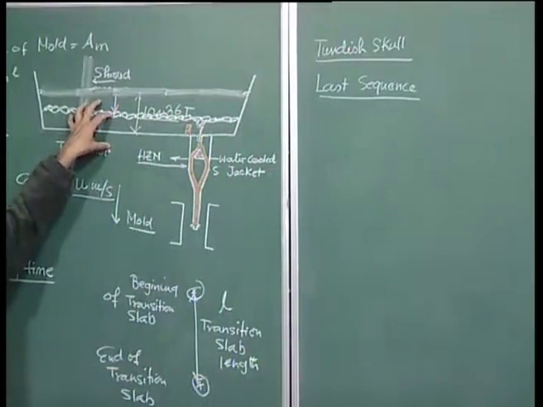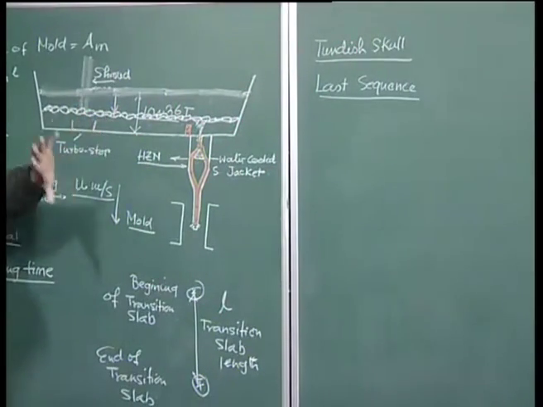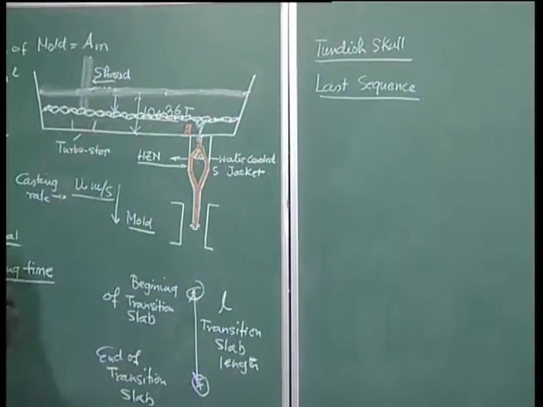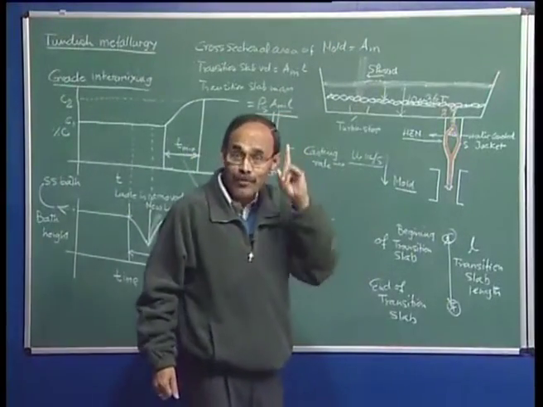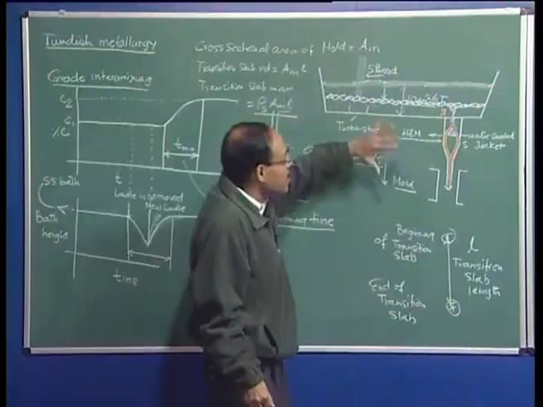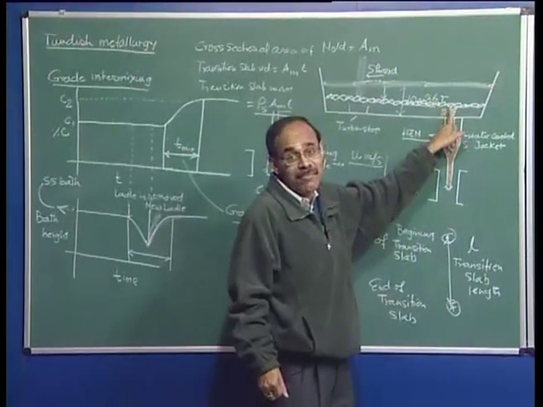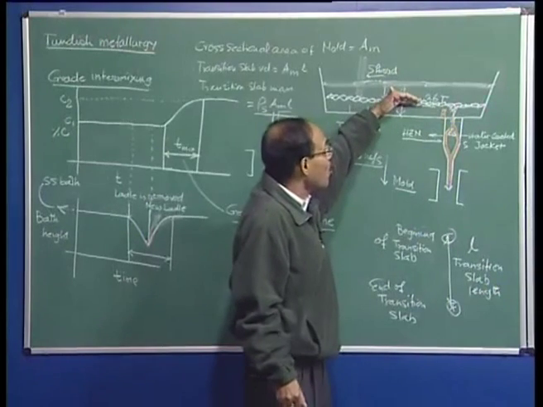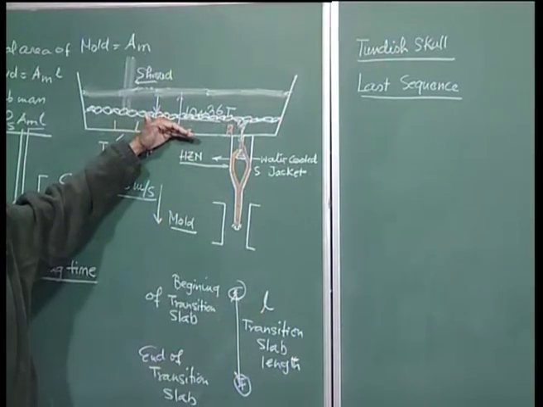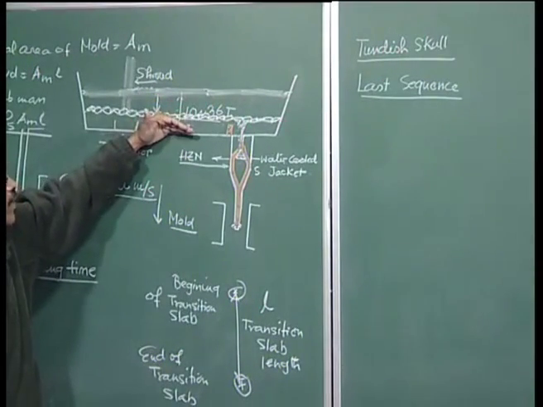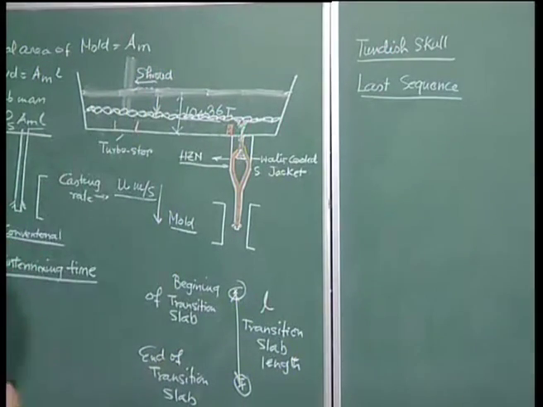Grade intermixing is relevant when you are doing ladle changeover, but the point I would like to emphasize is that in grade intermixing also there may be a possibility of slag entrainment, particularly if you have brought the level of steel to too low a level before you open the new ladle itself.